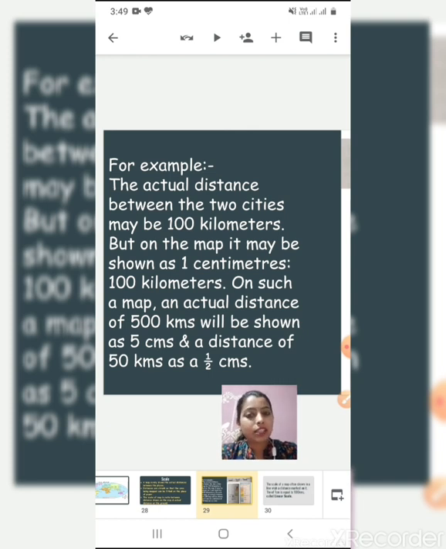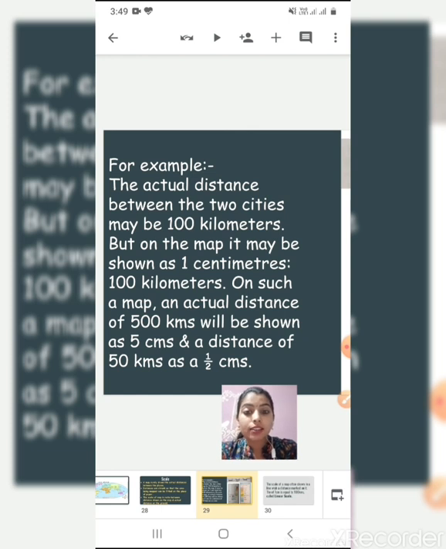Understood? That means 100 kilometers is converted into 1 centimeter, 500 kilometers becomes 5 centimeters and 50 kilometers becomes 0.5 centimeter.